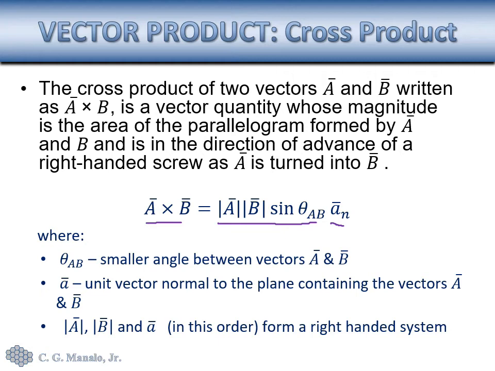The sequence in which the vectors in a cross product are written should be observed. That means that A cross B is not the same as B cross A. In fact, A cross B is the negative of B cross A.